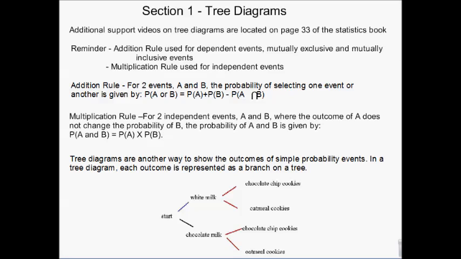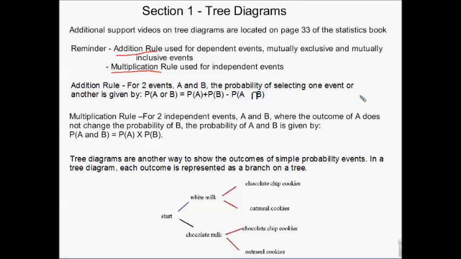Addition rule was used for dependent events that were mutually exclusive or mutually inclusive. And multiplication rule is used for independent events. Okay, so this is when you multiply, this is when you add and possibly subtract if they're mutually inclusive. For two events on the addition rule, A and B, the probability of selecting one over the other is the probability of the first one plus the probability of the second one minus the overlap.